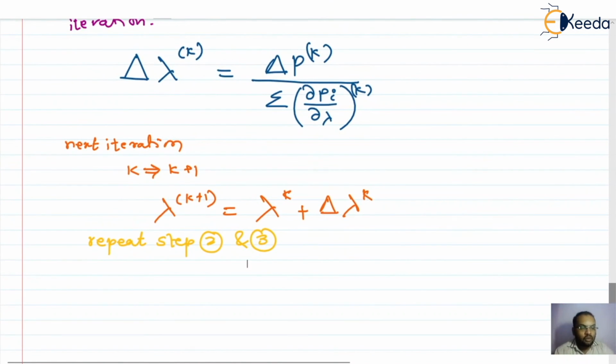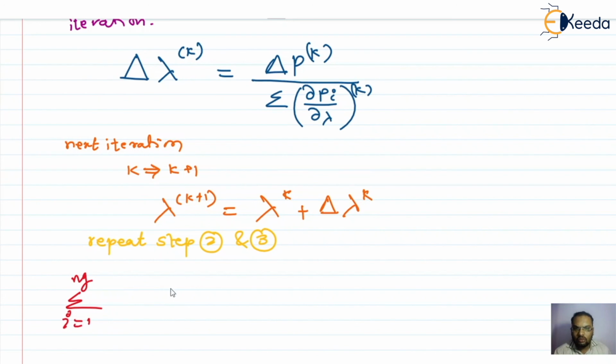Now one more thing I must give you here: the denominator term, the differentiation of the power output with respect to lambda. You can calculate this as the summation from i equal to 1 to ng of the differentiation of the power output of the ith unit with respect to lambda in the kth iteration.